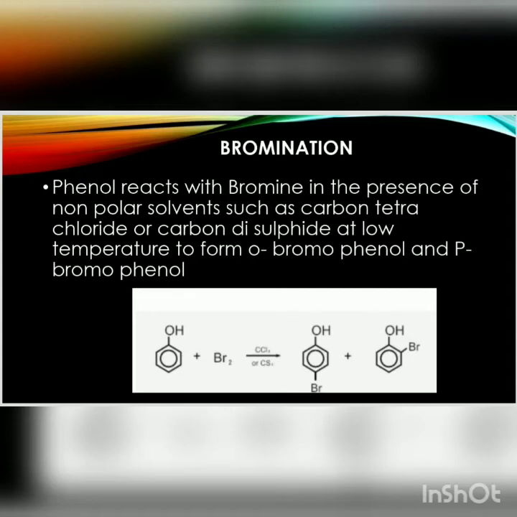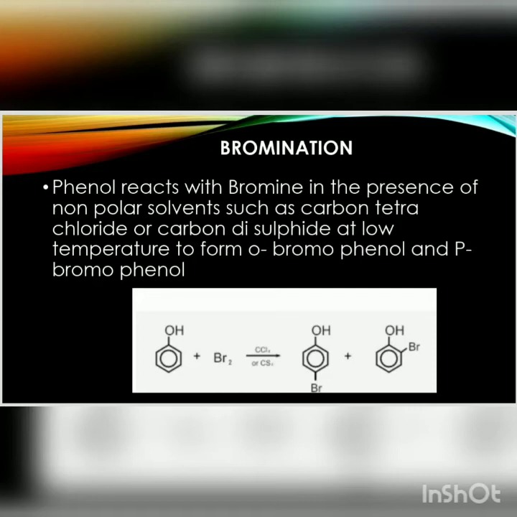In the presence of a polar solvent, the bromination reaction takes place rapidly. But in the presence of non-polar solvents like carbon tetrachloride or carbon disulfide, it produces only monobromination, that is, orthobromophenol or parabromophenol, right?